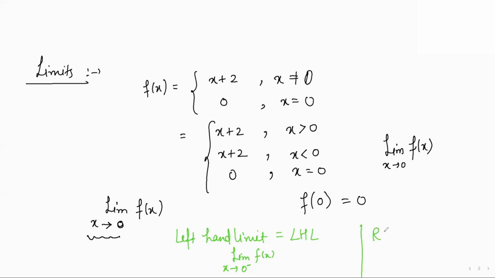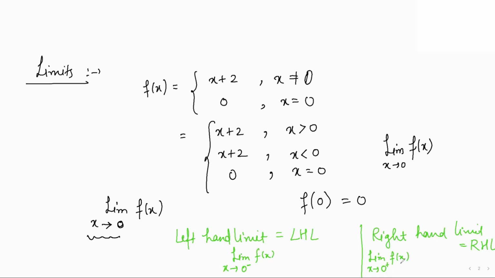Same way, we are going to find right hand limit, which is RHL in short form, denoted by the limit of f of x as x approaches 0 from its right hand side, so that is why it will be a positive.